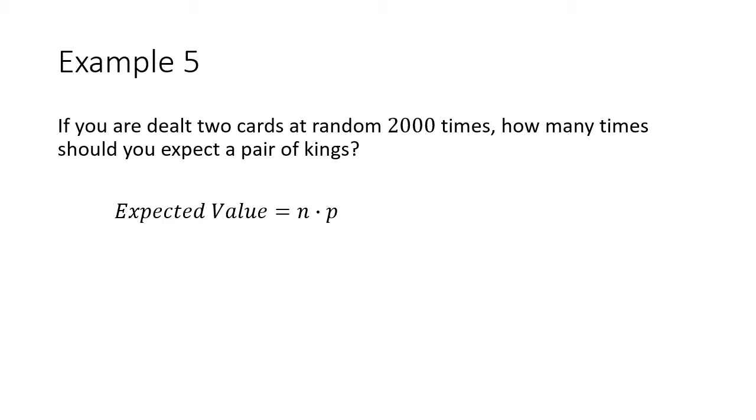Now, if I am dealt 2 cards at random 2,000 times, how many of those times would I expect to get a pair of kings? So we're doing an expected value problem here. And again, remember that expected value is just n, the number of probability experiments, which in this case, I'm doing it 2,000 times. And the pair of kings, well, we're using the probability that we just figured out in that last example, the 0.0045, and I get the number 9.